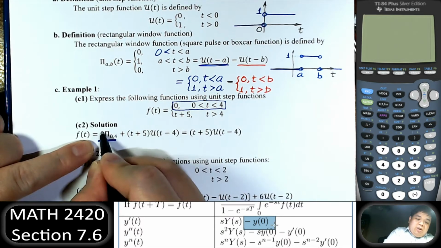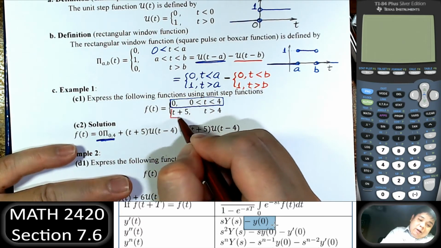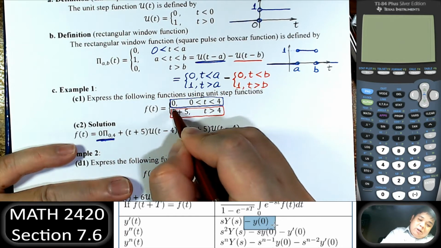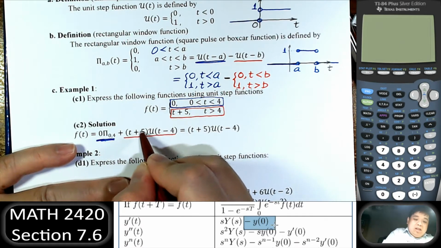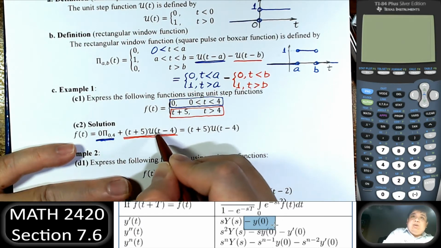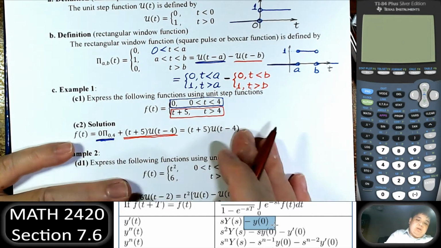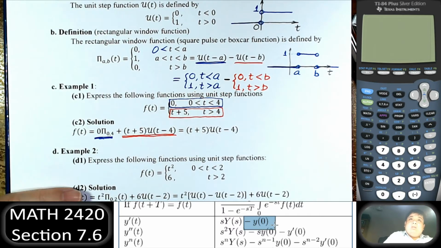So from 0 to 4, take the 0. And when it's greater than 4, it is t plus 5. So we just have t plus 5, and then for greater than 4, we just have the unit step u of t minus 4. And 0 times anything is 0, so that's why this one is gone.